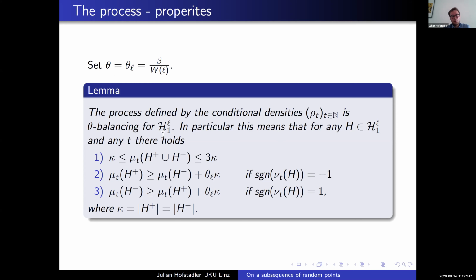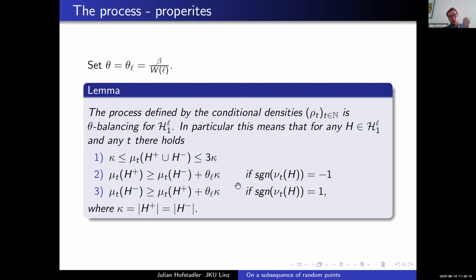In particular, this means if we denote by kappa the size of H plus and H minus, which is just half of the size of the support of H, then we see that the probability that a point falls into the support of some half function is just bounded by half of its support. So this sounds quite reasonable.